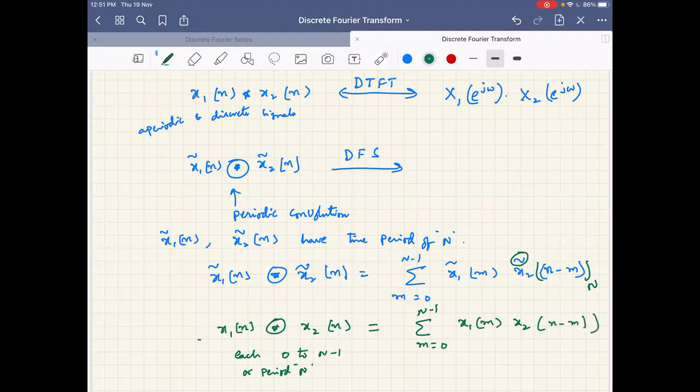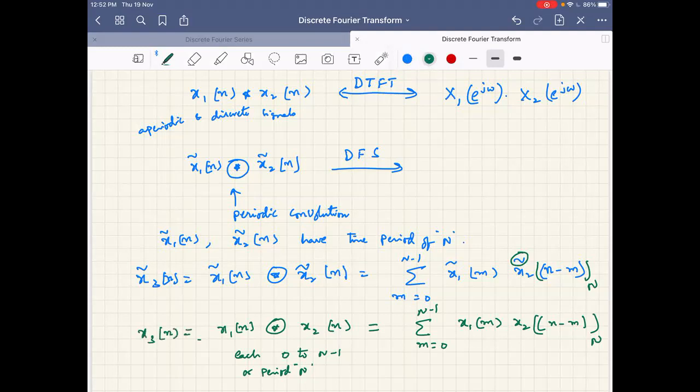Since we are considering only duration 0 to n minus 1, we should write modulo n here. So this is in terms of DFS, and this is x3 tilde of n, and this is x3 of n I can write.